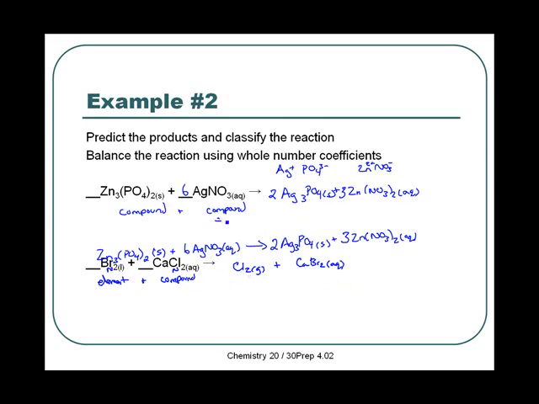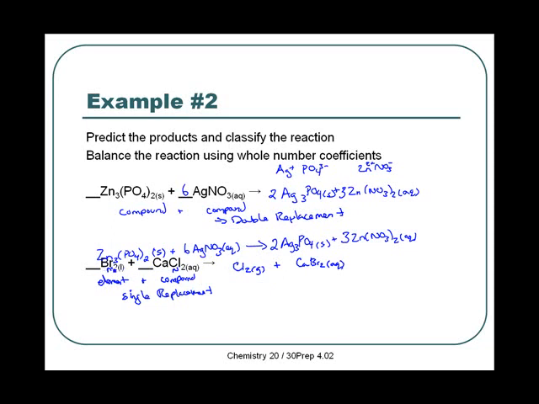Sorry, we want to make sure this is official. This is officially a double replacement. This one is officially a single replacement. And now to balance it, I think we're good.